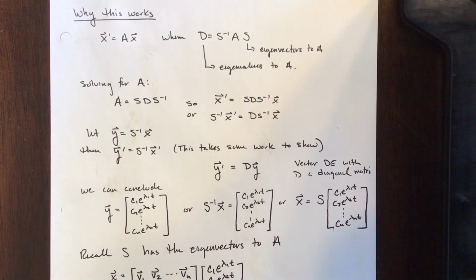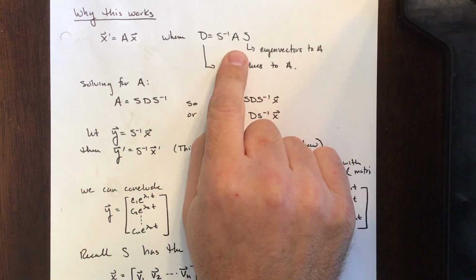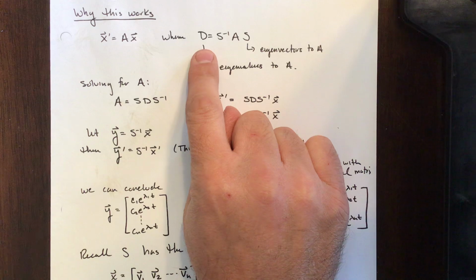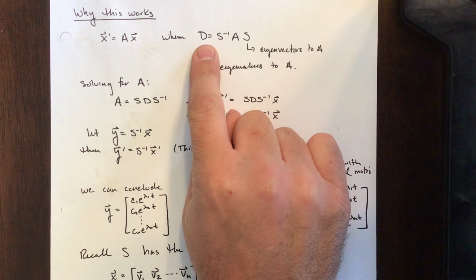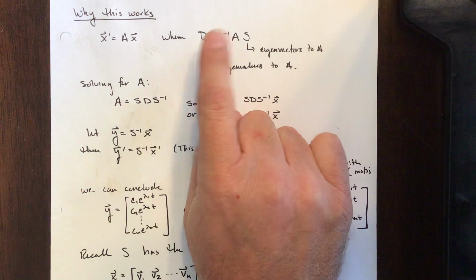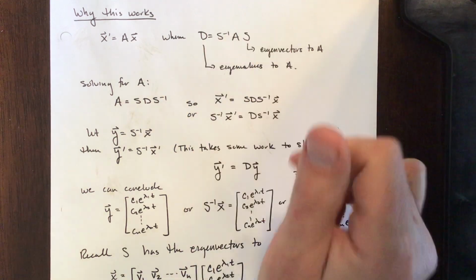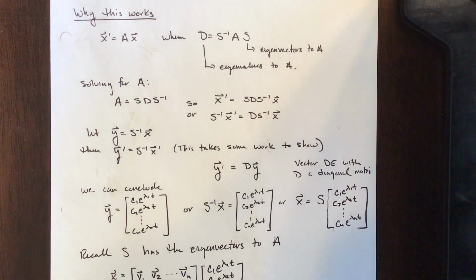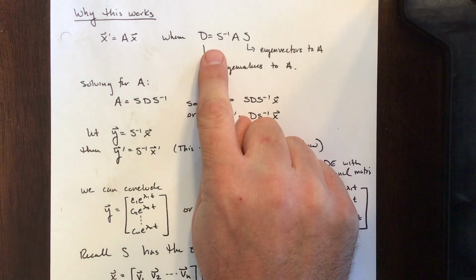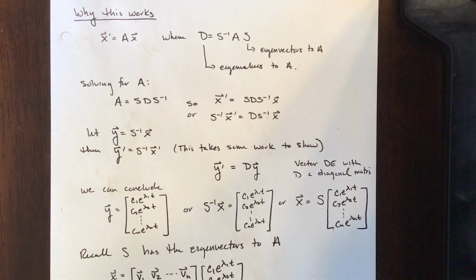If x prime is equal to Ax, where A is diagonalizable, because remember this section is for non-defective matrices, then we know that A can be written in terms of D and S, where D is the eigenvalues of A and S is the eigenvectors of A. S inverse happens to be the inverse of S, such that D equals S inverse AS. Now, if we solve for A, we could say that A is equal to SDS inverse.